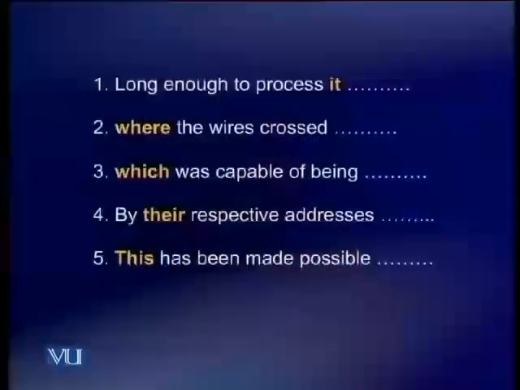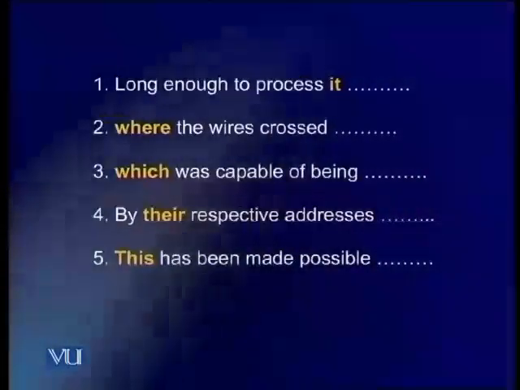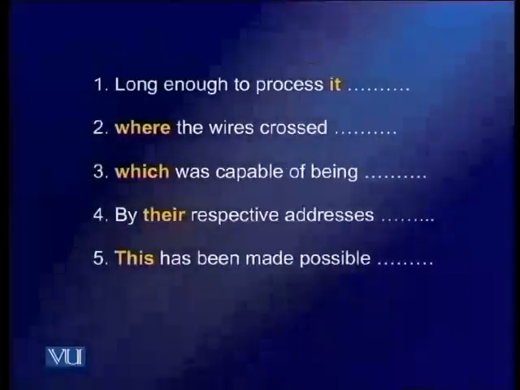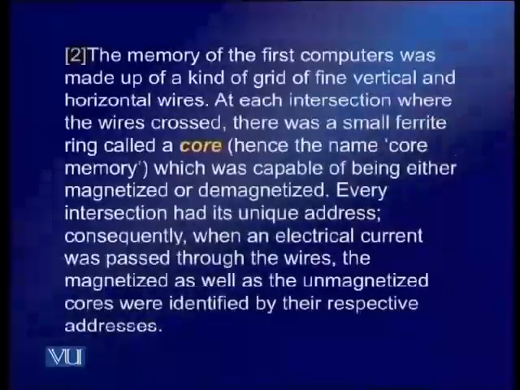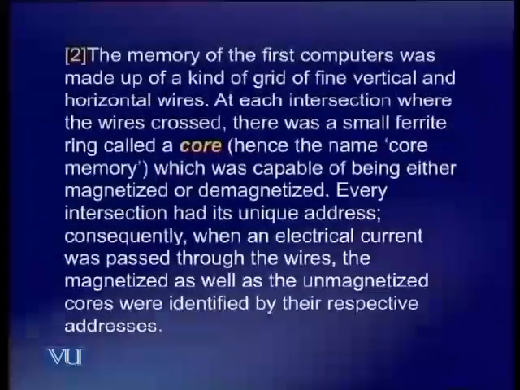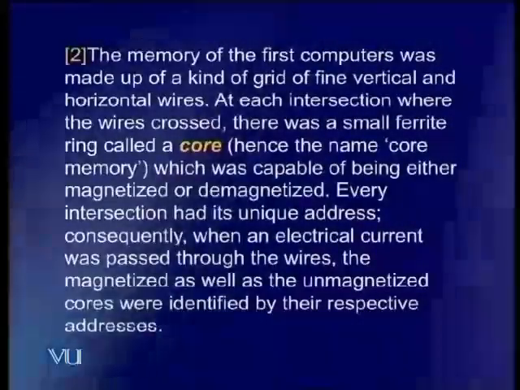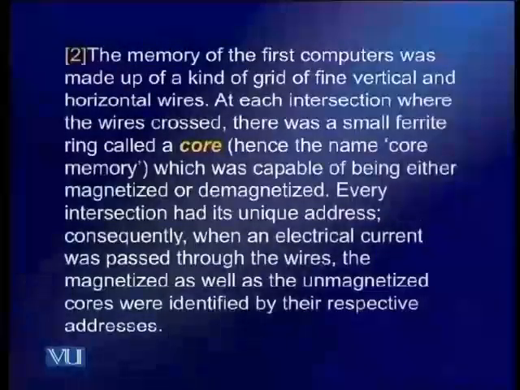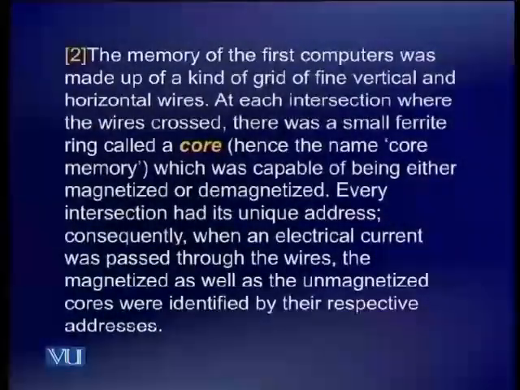Number 2, look in paragraph 2 and find this phrase, where the wires crossed. And what does the word where refer to? You will find that it refers back to the word intersection.